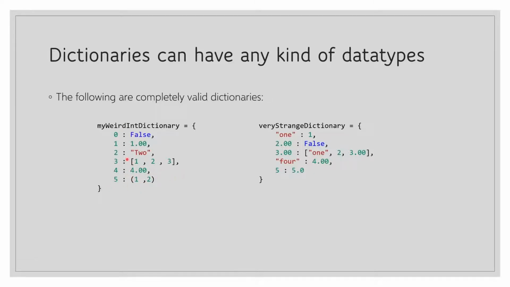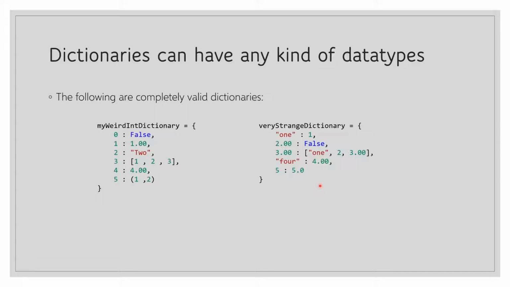Like, there was no consistency here at all. And then on the other side, we have a string for our first key, then two floats for the next two keys, and a string again, and then an index, and all of these are completely different as well. These are all completely valid dictionaries. You have to remember the dictionary is a collection of entries, and each entry has two parts, a key and a value.